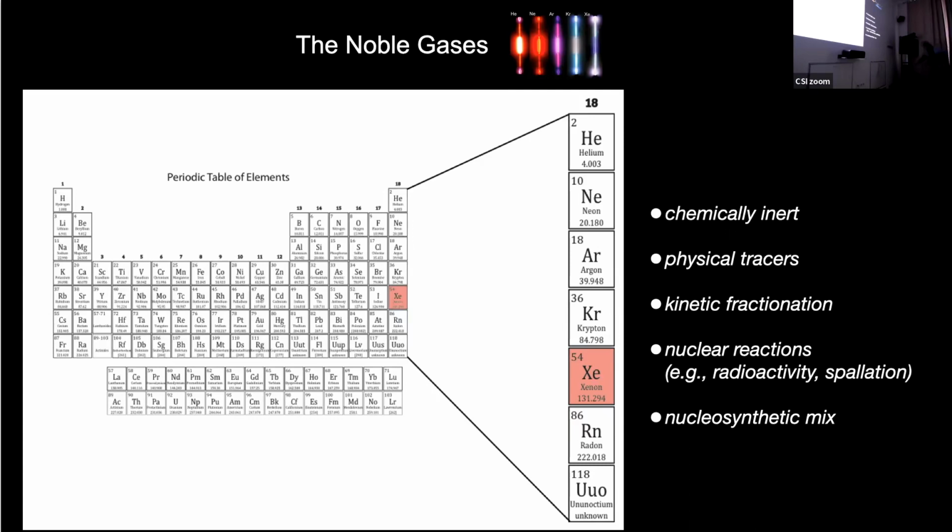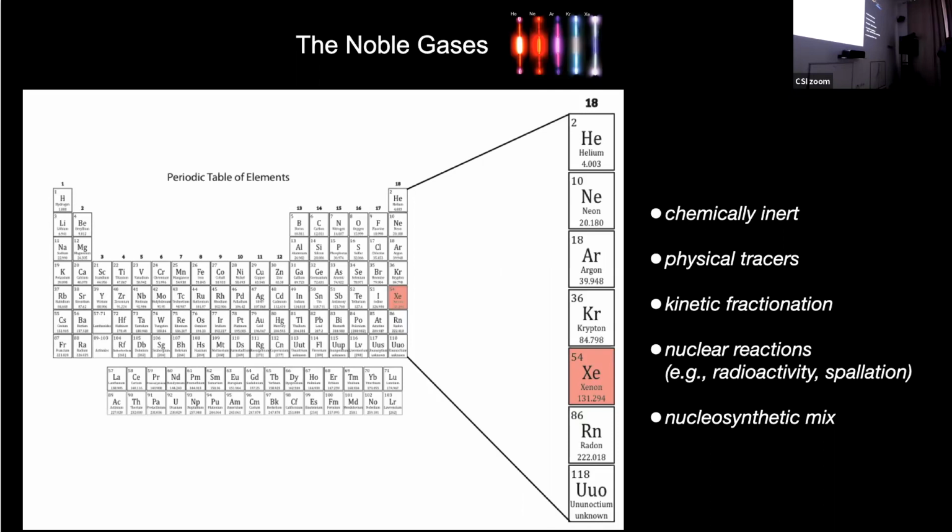That's the main reason. Okay, so we use noble gases because these are wonderful elements which are physically inert. They have no chemistry, so they only record physical processes like kinetic fractionation and nuclear reactions, that is, for instance, radioactivity and cosmic ray production, that produce some of the isotopes.